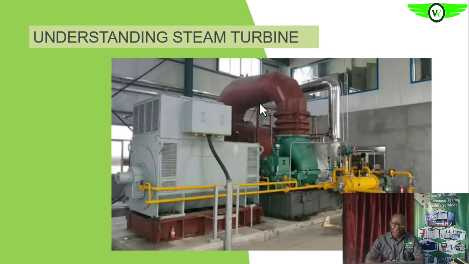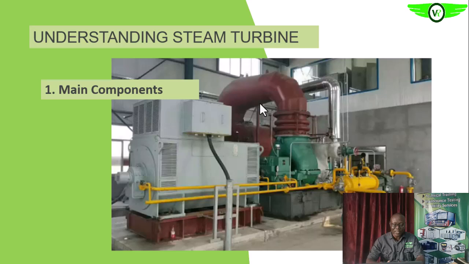So we are going to look at how we need to understand the steam turbine, as in the various components that are contained in the steam turbine, what those components do, their function within the steam turbine, and how they interact with one another to help produce the overall function of the steam turbine.